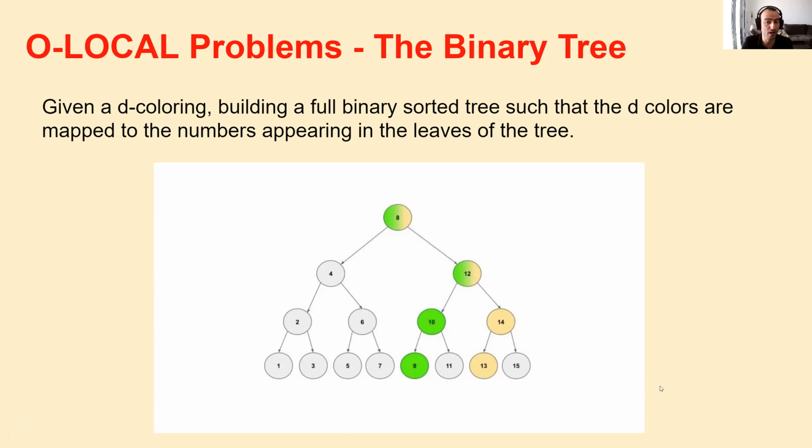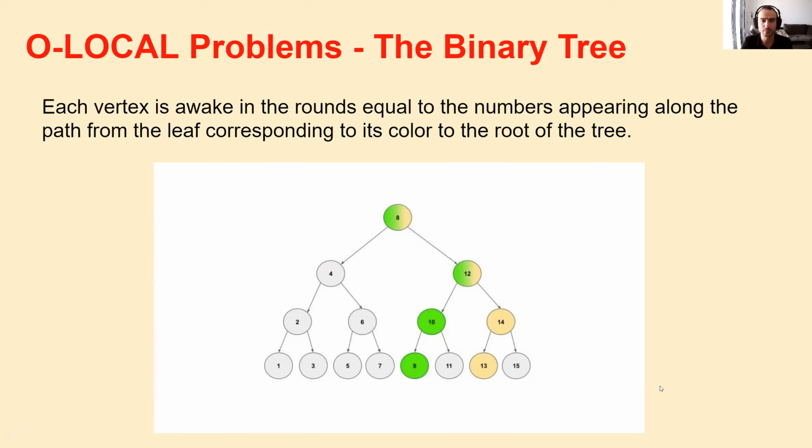So how does it help us? The way it helps us is that each vertex now wakes itself at the rounds equal exactly to the numbers appearing on the path between the leaf of its color up the tree to the root.